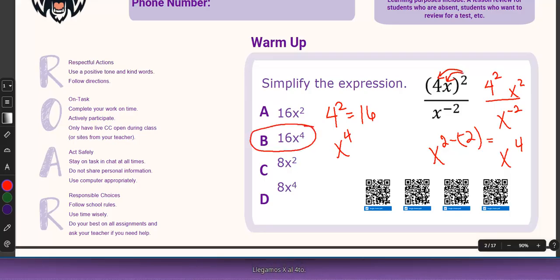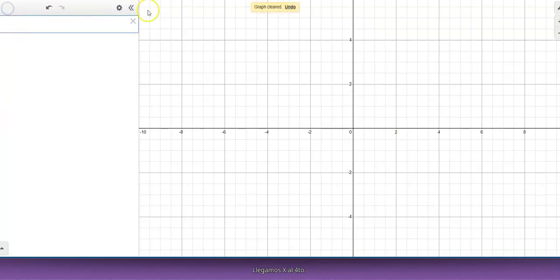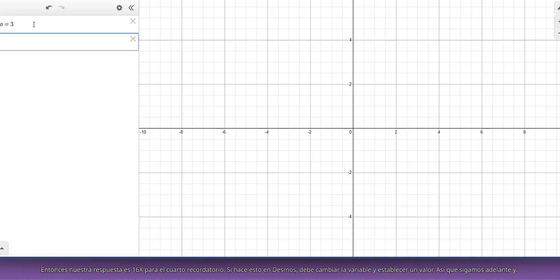A reminder, if you do this in Desmos, you do have to change the variable and set a value. So let's go ahead and take a look here. If I say we have a equals, let's say 3, because we don't want to use 0 or 1. I guess it could be 2. Let's make a smaller number.